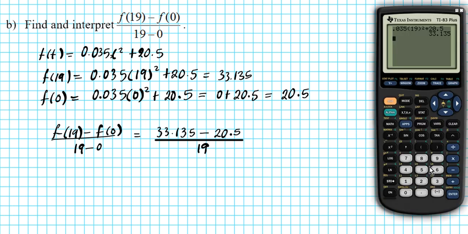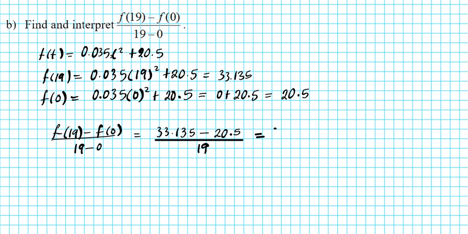So we have 33.135 minus 20.5 divided by 19, and that gives us a final result of 0.665. Okay, so the answer is 0.665.